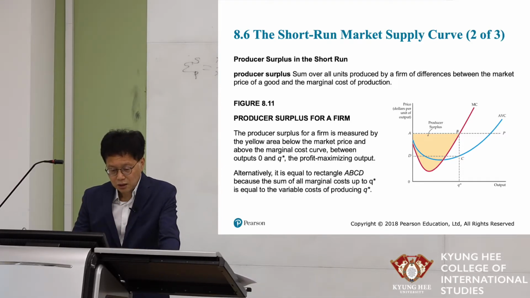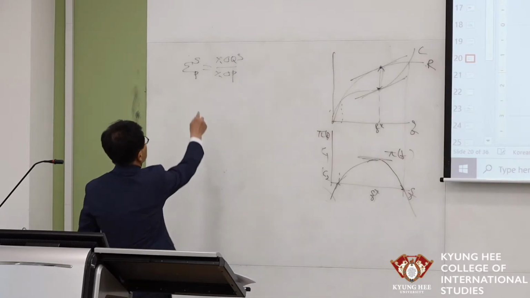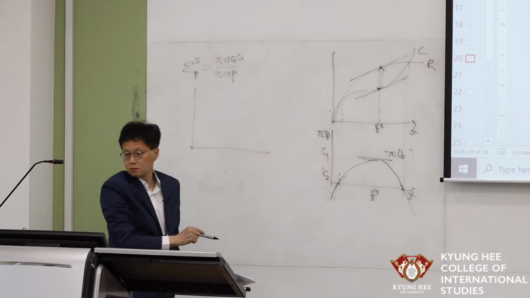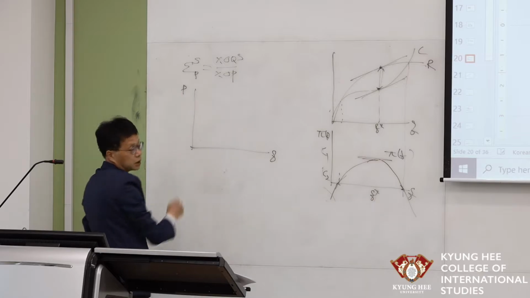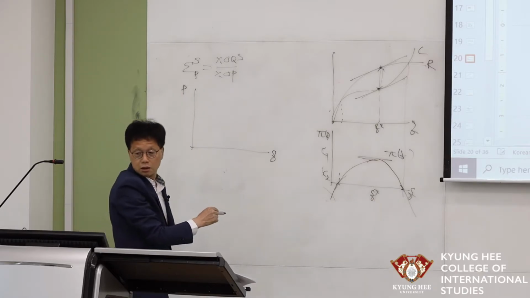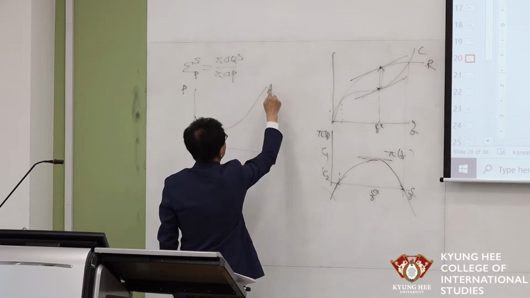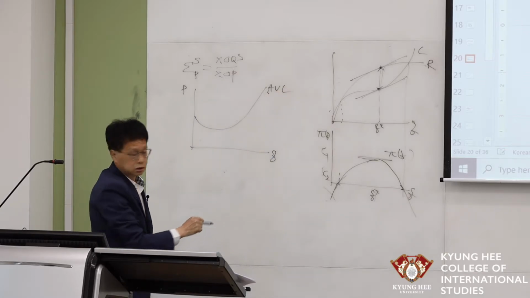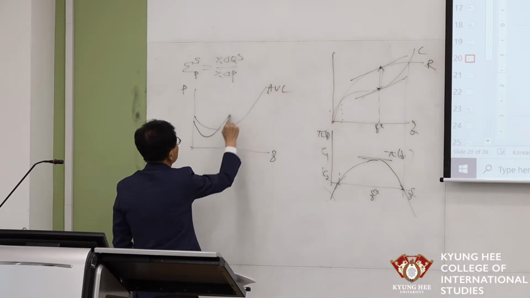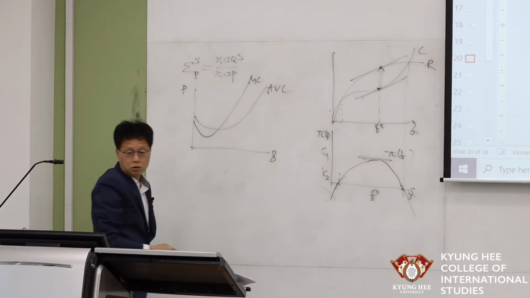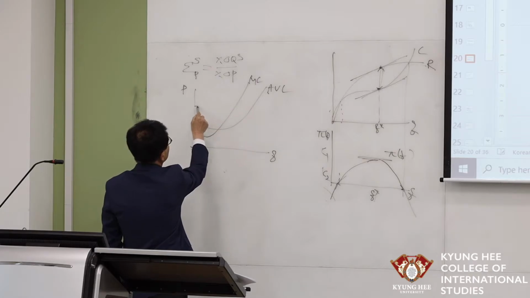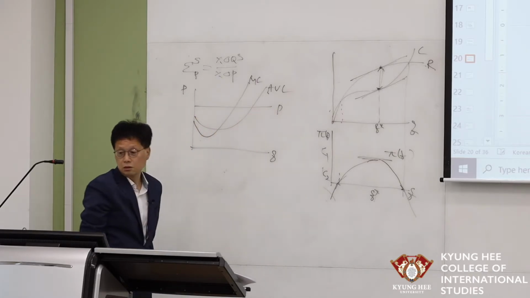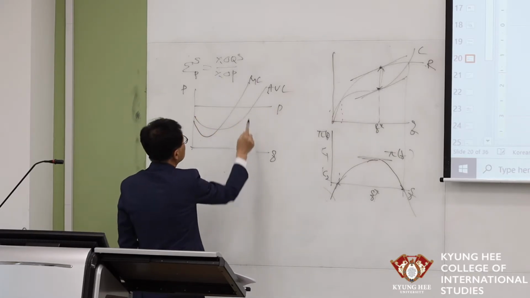Okay. So, on the axes, Y and Q, this price something, right? And average variable cost, and that is marginal cost, and price, that is the market price, right?